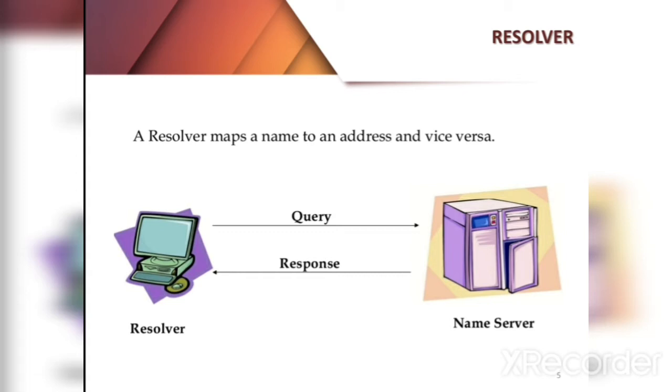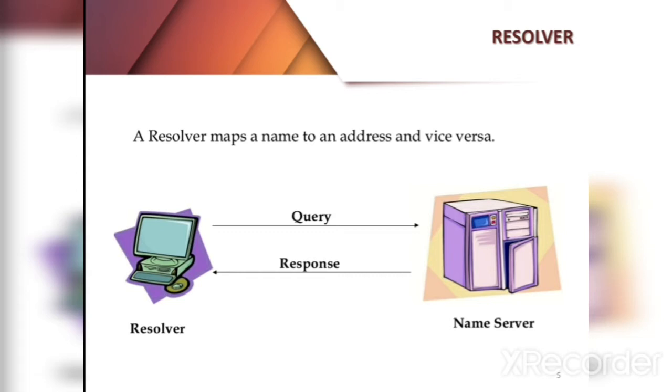So when a resolver receives a query about a domain name, it passes the query to one of the local name servers. If the domain falls under the name server, it returns the authoritative resource records. If the domain is remote, the name server sends a query to the next level or the top level name server.